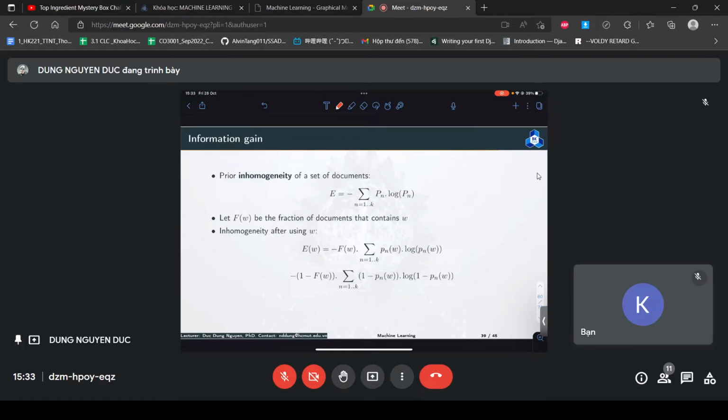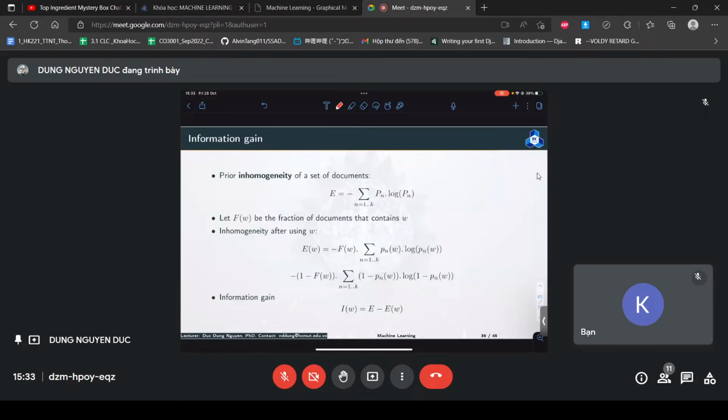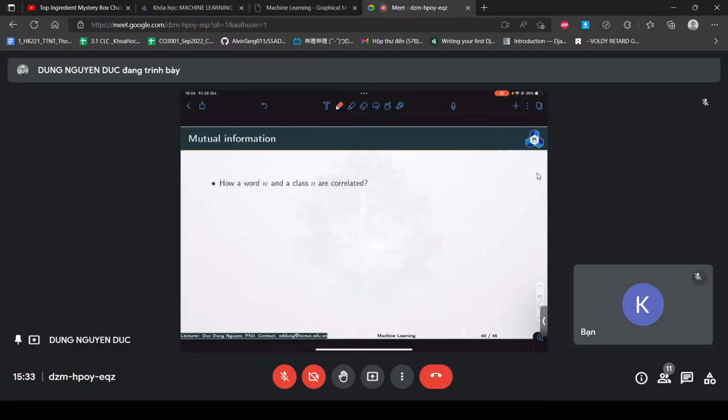So that's it. And there's some other extra information for you when it comes to text classification. And well, there is something like mutual information. This one may be very different from what you are reading here in the material, compared to the mutual information definition we have nowadays in deep learning.